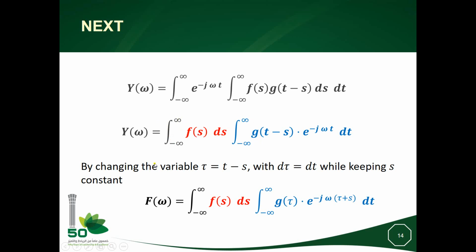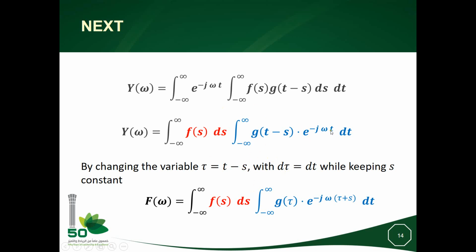Now I will set a change of variable tau equal to t minus s while keeping s unchanged. It means if I take d tau, I will get dt for s constant.